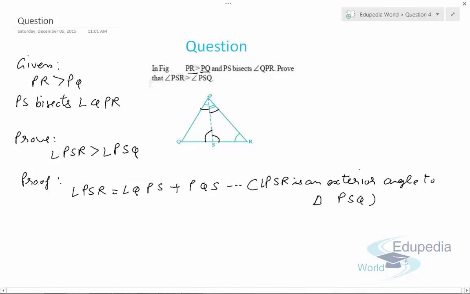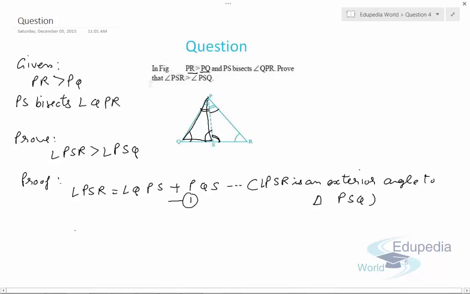This is triangle PSQ if you see properly. So this angle is the sum of this angle plus this angle, which is QPS and PQS. Let it be the first equation.